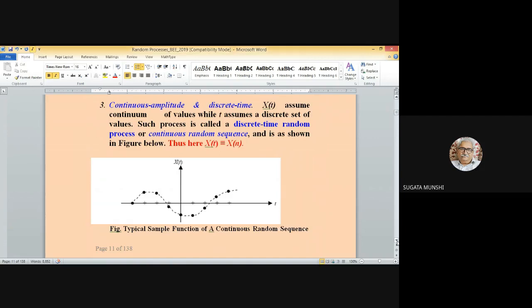Here, xt can take on values only at discrete instants of time, but the values that it can take on are a continuum of values.